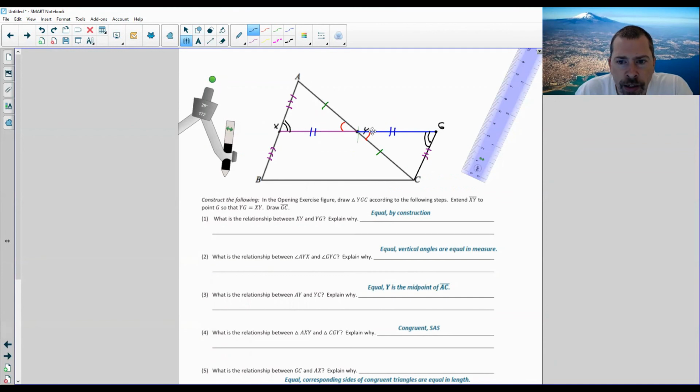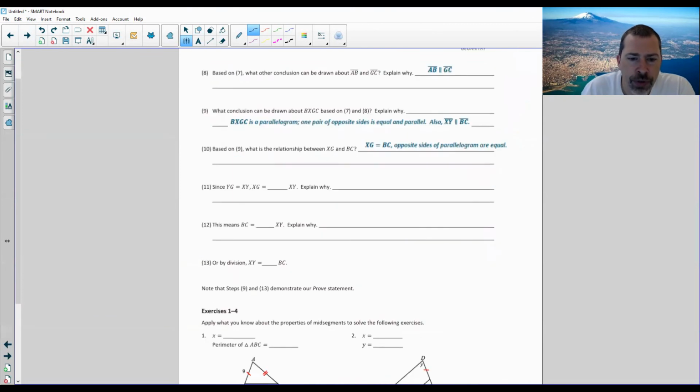So if XY and YG are equal in length, then XY times 2 is equal to XG. Okay, so it's 2 times XY. And the reason? Substitution.